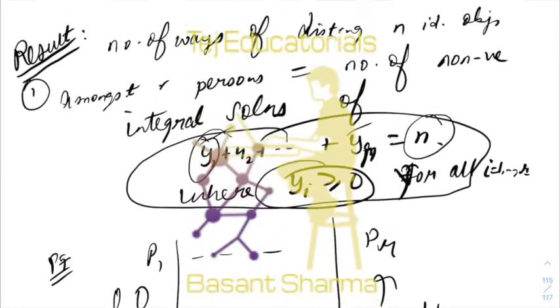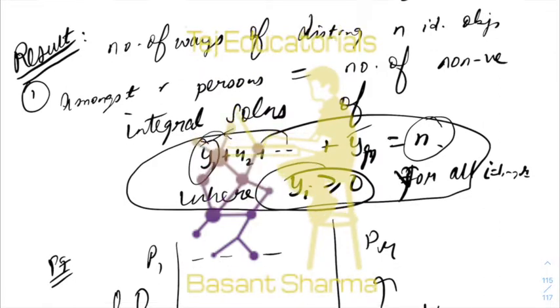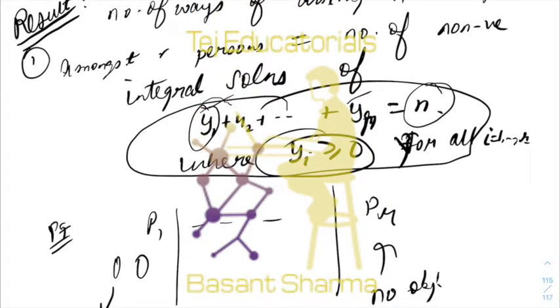Also note that when we said that we have to find the number of ways of distributing n identical objects amongst r persons, the only thing that matters is how many objects each person gets. It does not matter which objects a person gets, because all objects are alike. So only the number of objects that each person gets is relevant.